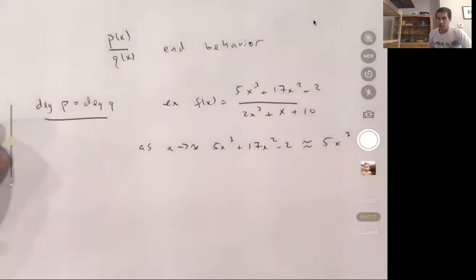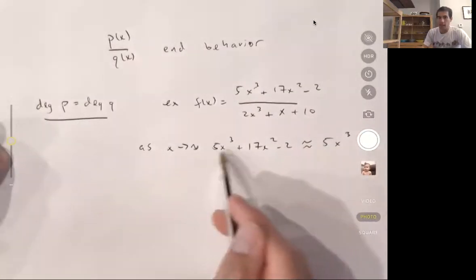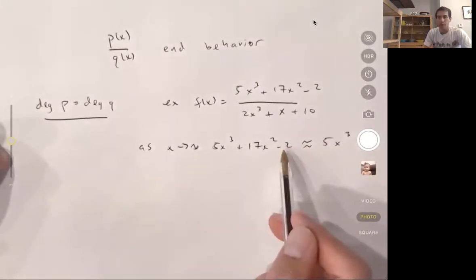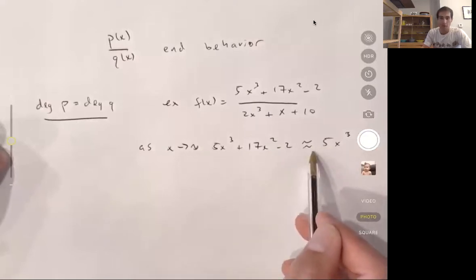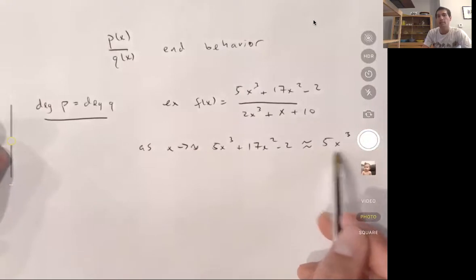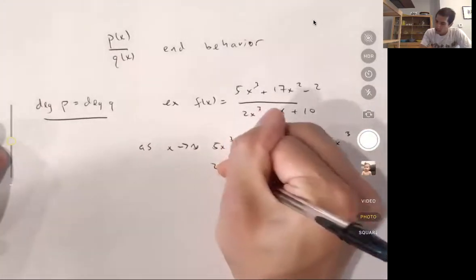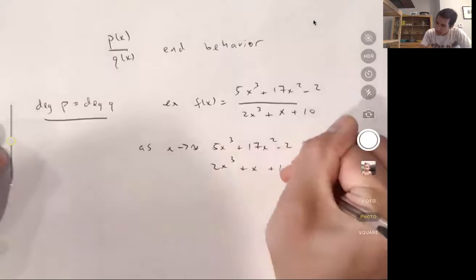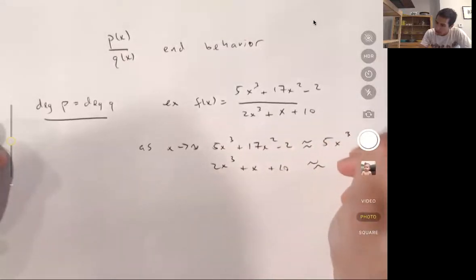There's this thing that's really big and everything else is small compared to it. And we'll make this notation precise later. But basically, you should think of it as growing like 5x cubed. And similarly, 2x cubed plus x plus 10 is growing like 2x cubed.